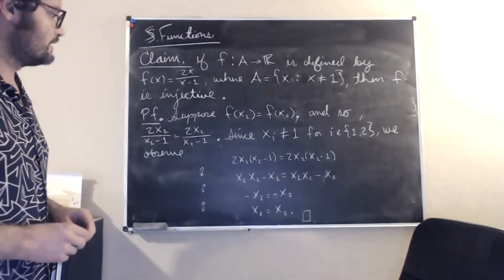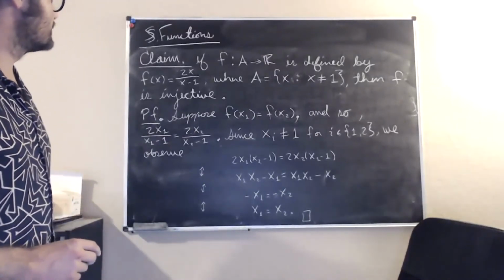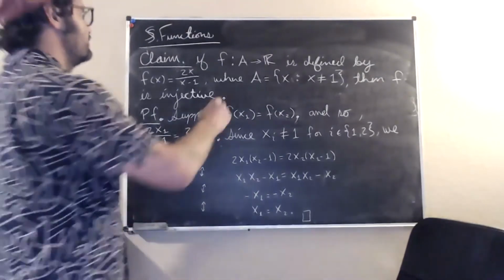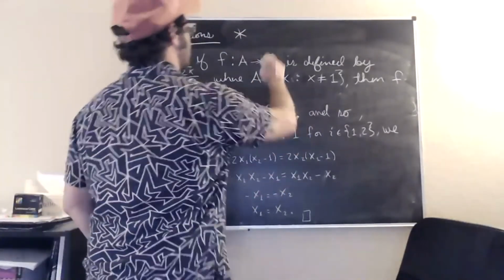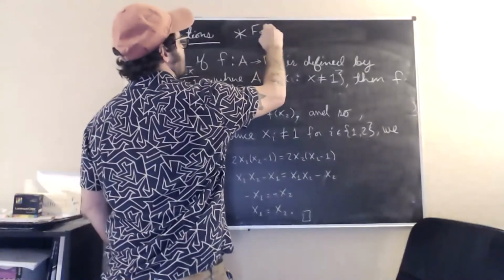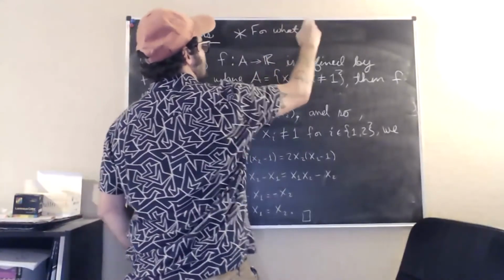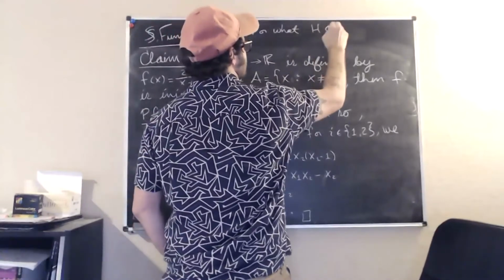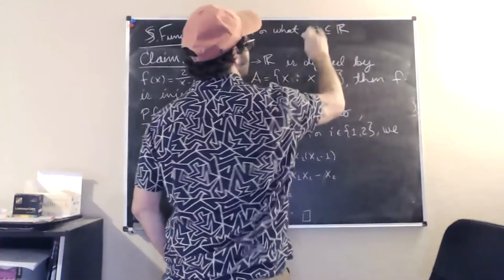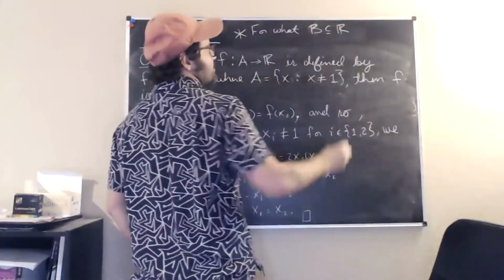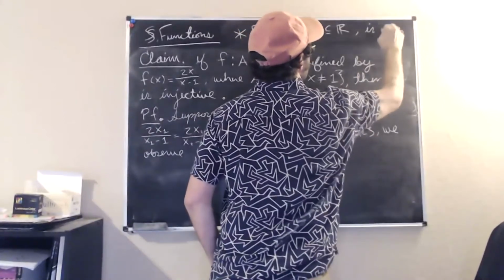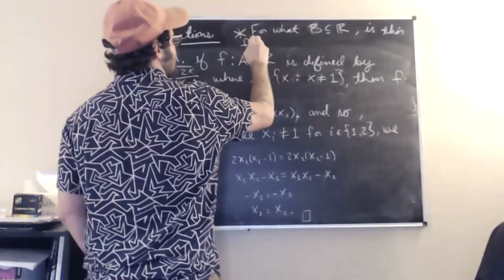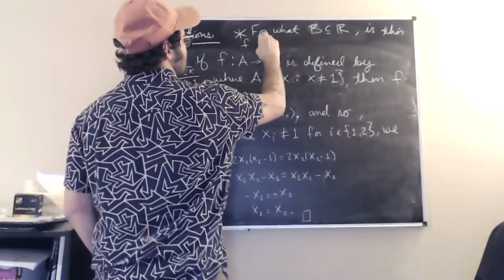All right. So I should maybe add a problem for you to think about for this claim. For what set B, which is a subset of R, is this F bijective?